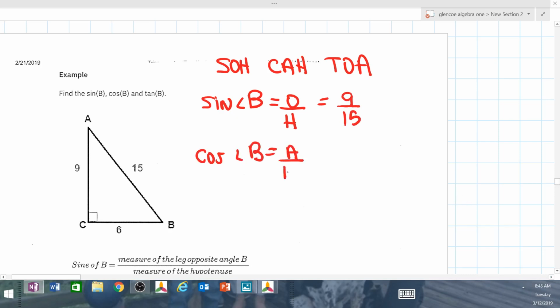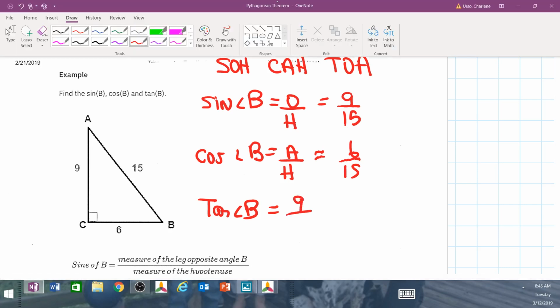Adjacent over hypotenuse, which would be which side? 6 over 15. And then we have the tangent of angle B, which would be what? Opposite over adjacent. Oops, sorry, I wanted to put it with the letters. Just let me fix that for you guys.